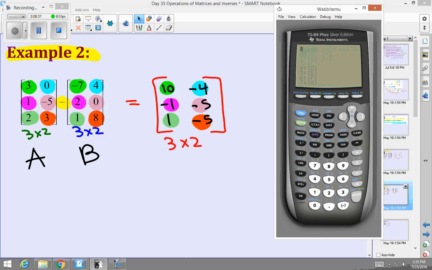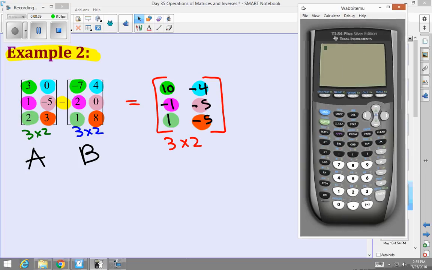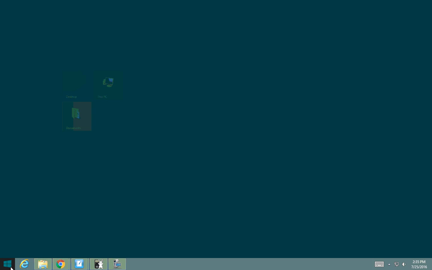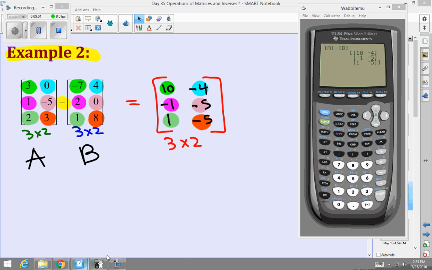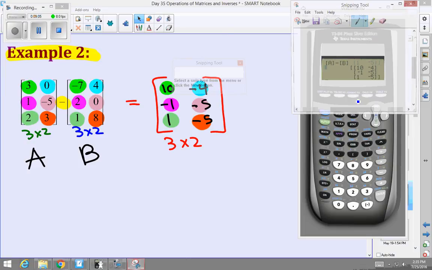So here, if I want to subtract and verify that A minus B gets me this new matrix, I'm going to go to matrices, I'm going to do A minus B, enter. I have 10, -4, -1, -5, 1, and -5. So from that, if I go into my snipping tool, I'll just store that in here for verification.